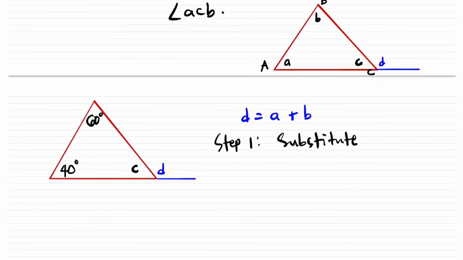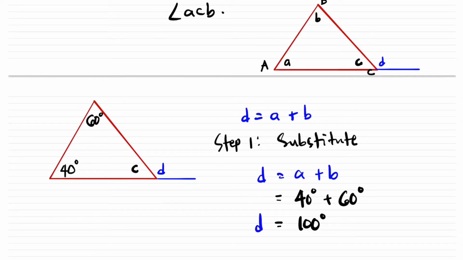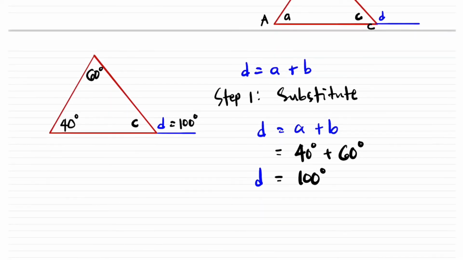So we have D is equal to A plus B, which is 40 degrees plus 60 degrees. Therefore this is equal to 100 degrees. So our D here is equal to 100 degrees. Yes? Now we are going to solve for C.